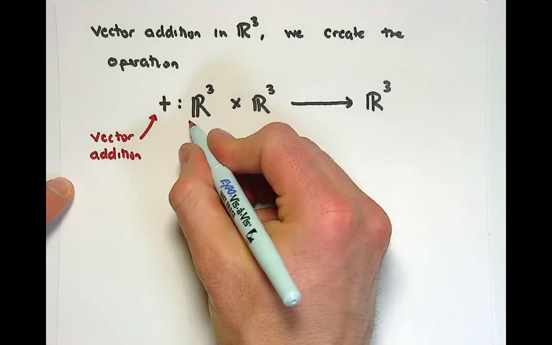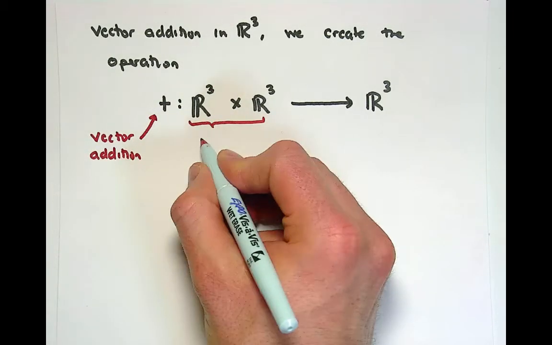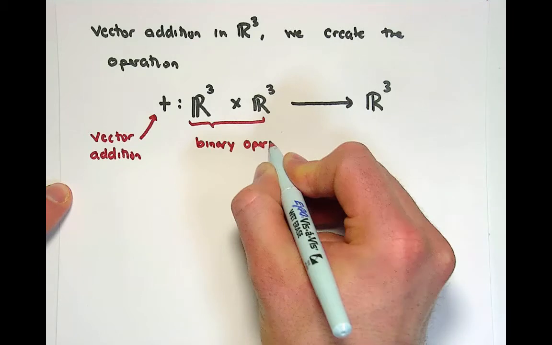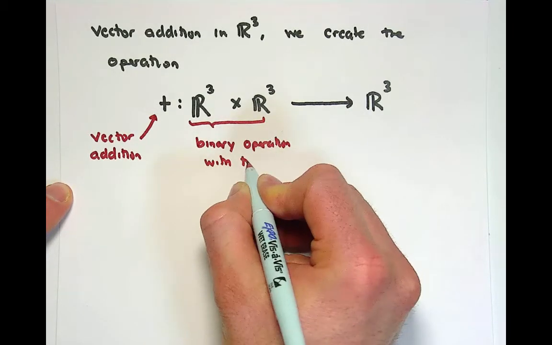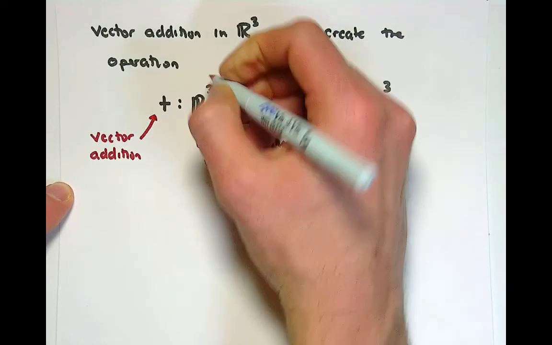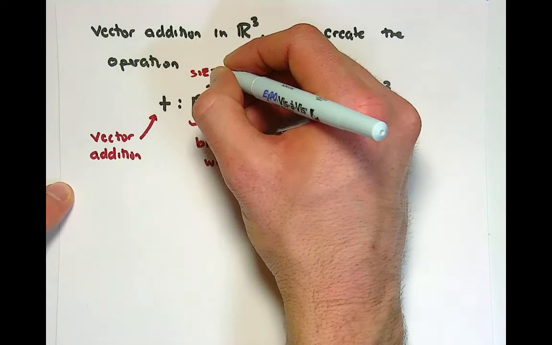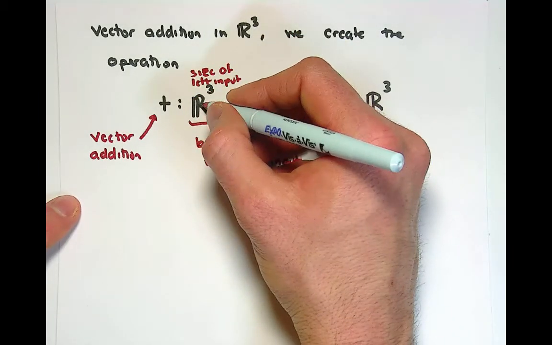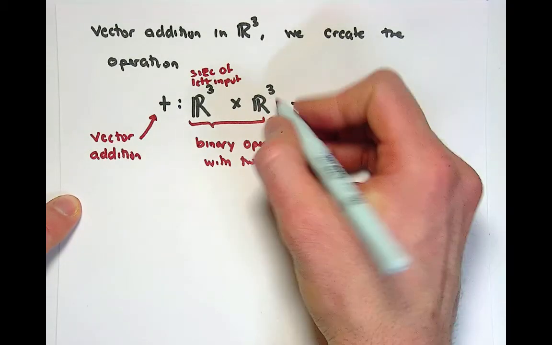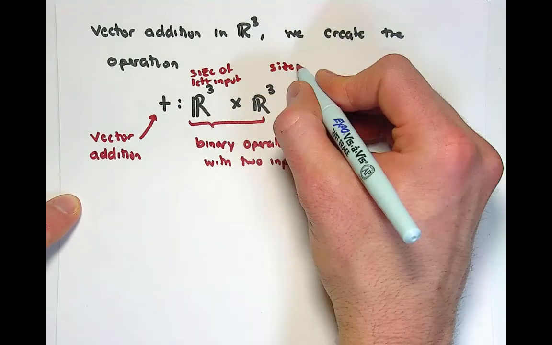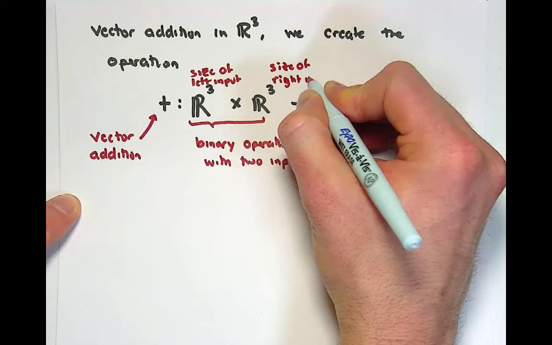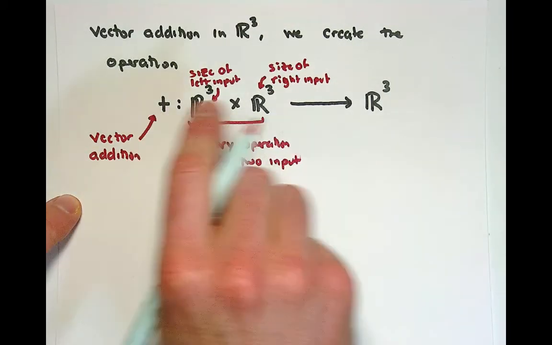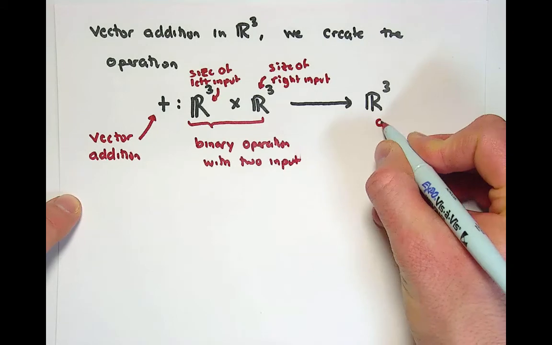Vector addition is a map with 2 inputs. The size of the left input is going to be a vector of size 3. The size of the right input is another vector of size 3. And then the vector add is going to output vectors of size 3.